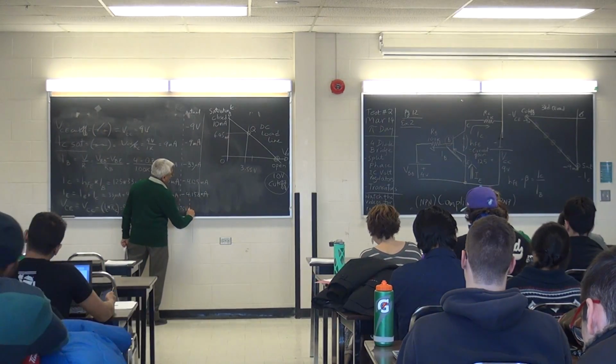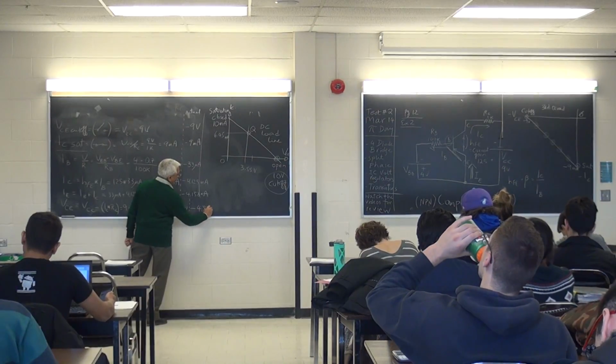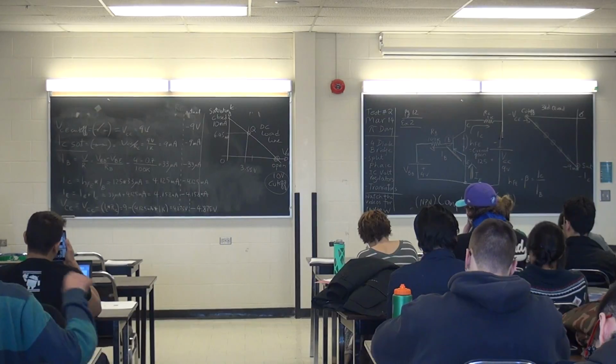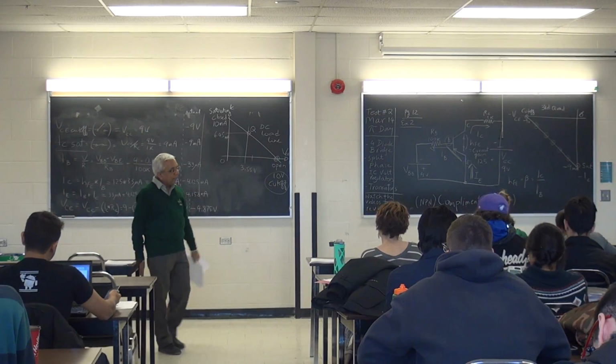And so after the dotted line, how much? Negative 4.875. Okay? That's the value I show on the graph.